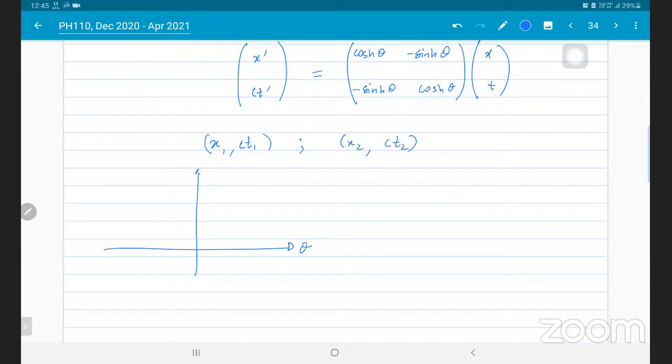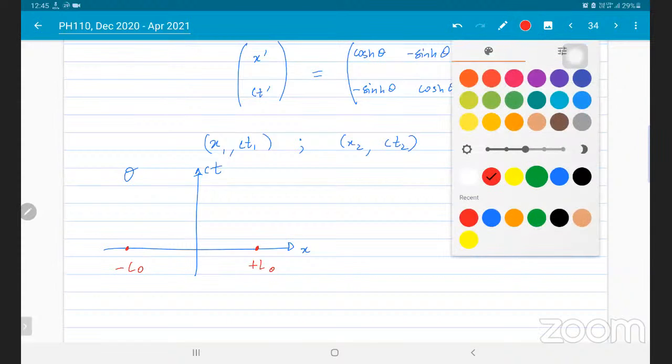Let's say this is O. So this is the O frame, this is x and this is ct. Now in O's frame of reference, there are two flash bulbs that are located at, let's say, plus L naught and minus L naught. And the vertical axis is the time axis, right?